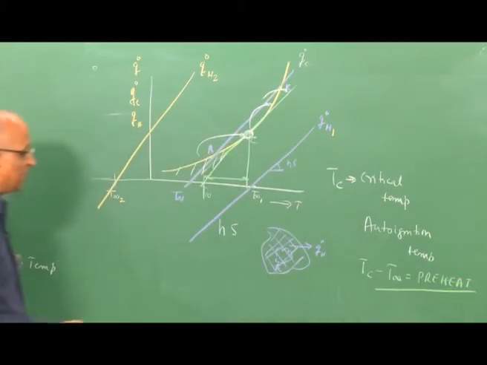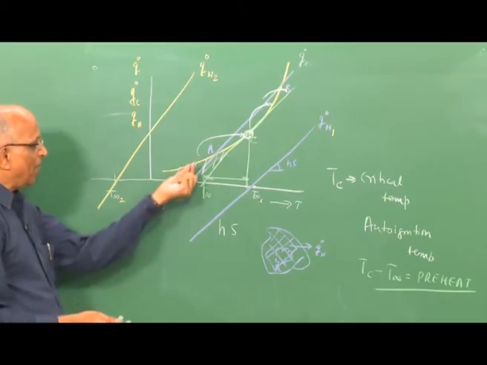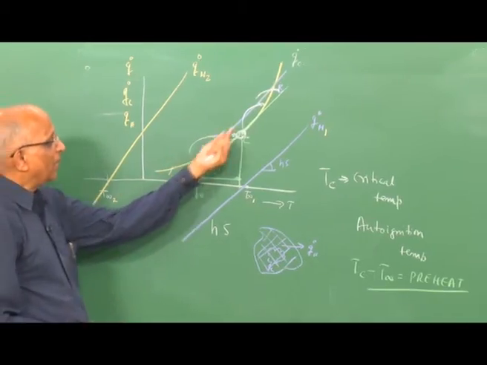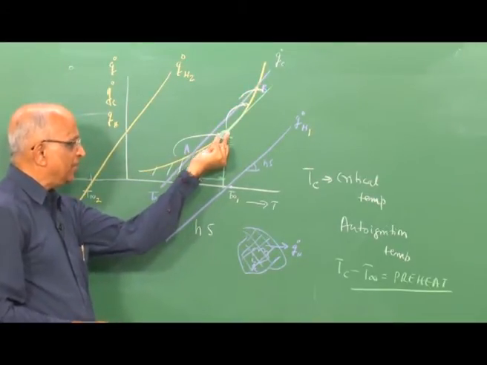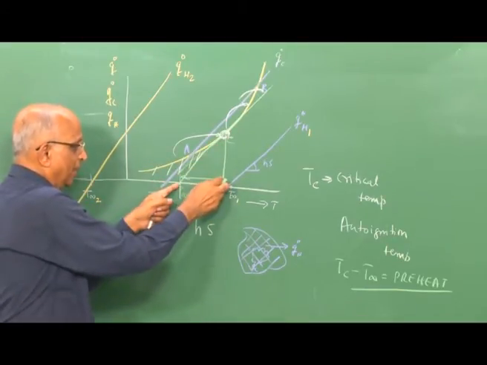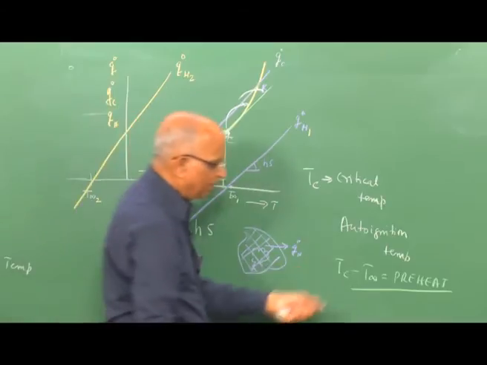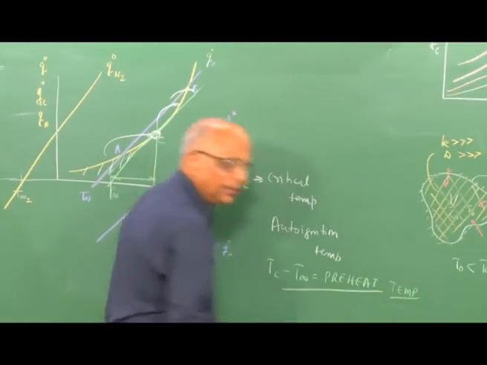These are the few temperatures we must remember. I could have a stable temperature A, I could have an unstable temperature B, I could have the auto ignition or the critical temperature Tc. The difference between Tc and T ambient corresponding to the same heat loss line is what we call the preheat temperature. Right.